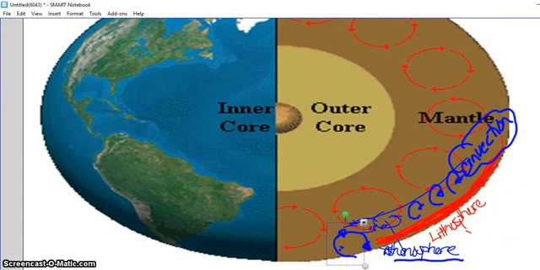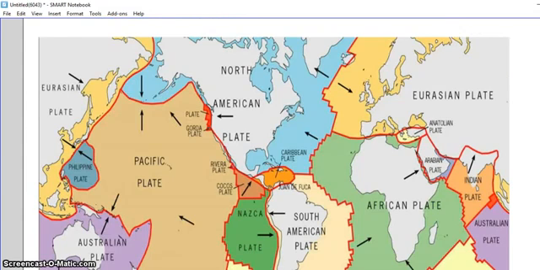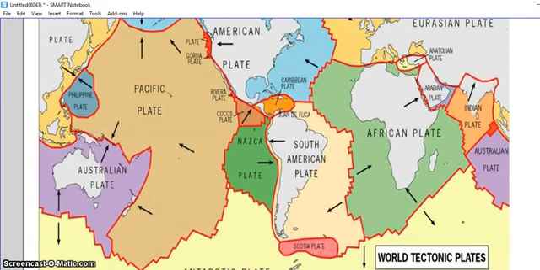Okay, so now that you guys know the force, let's check out and see what that force has done. So this is a beautiful map. Basically there's 7 main tectonic plates, and then there's many others. As you can look here at the map, you can see the direction that the plates move.